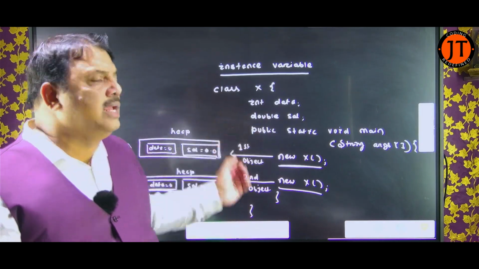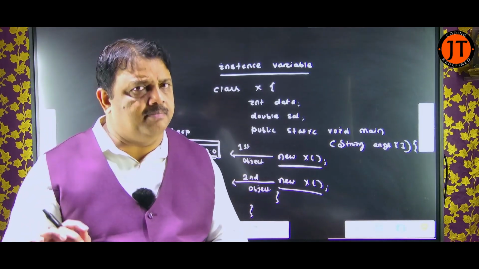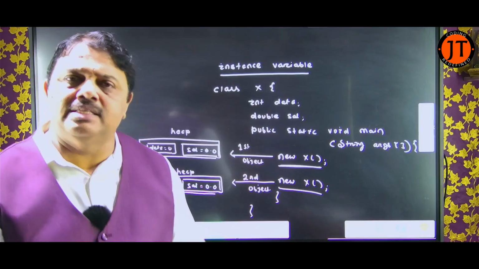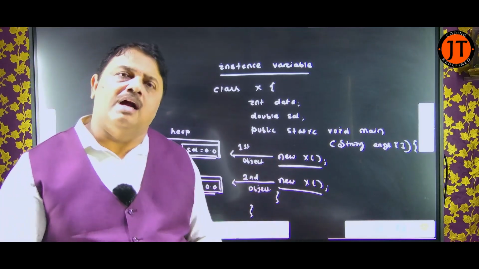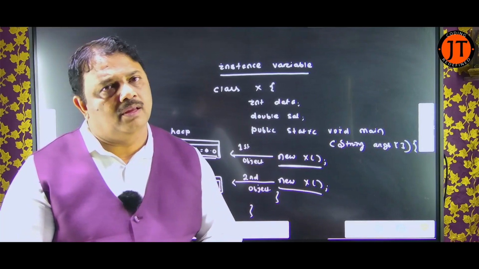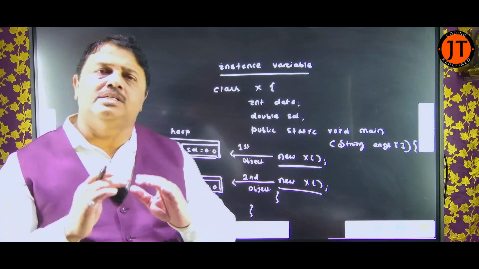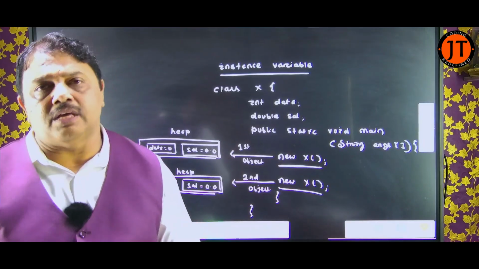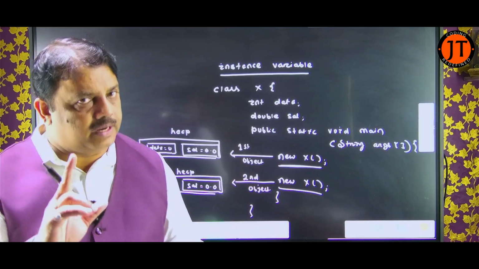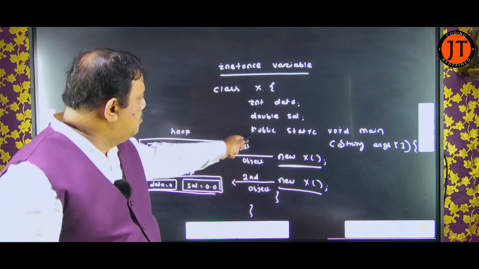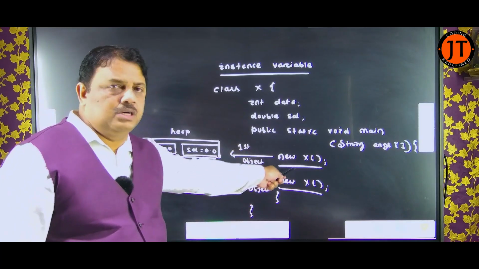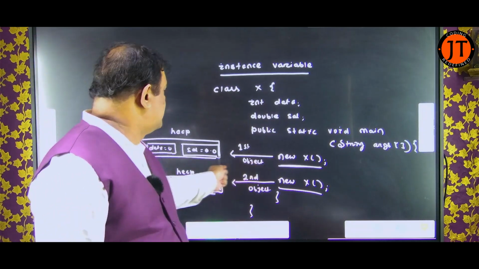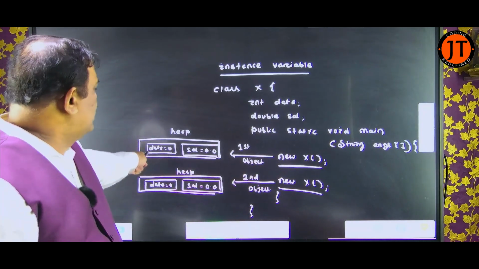Instance variables are initialized by the JVM at the object creation time. So who initializes the instance variable? The JVM, at the object creation time. Now, for n number of objects I construct, n number of times instance variables are initialized. For example, here within the main method, I construct new X. I am calling the constructor by the new keyword that creates the first object.